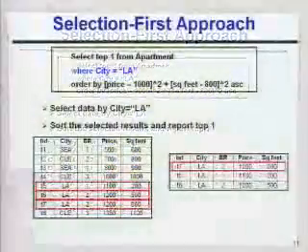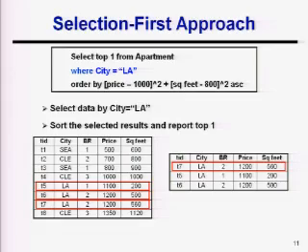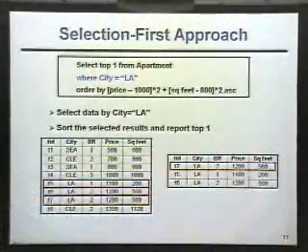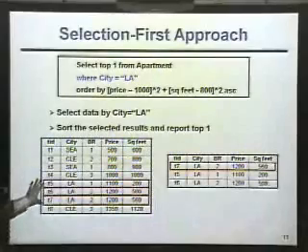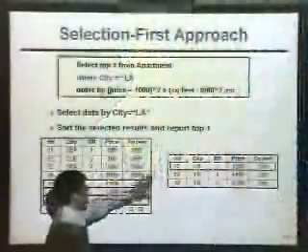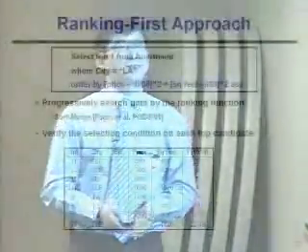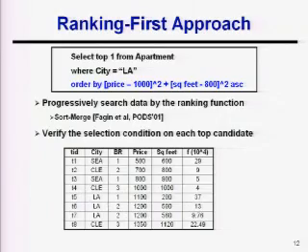Then they rank these three objects by the ranking function and output the best one. The problem here is that no matter how they select this data, they are going to select more than needed because we only ask for top 1. If the database is large, then this intermediate result is very large, and it's going to be some waste in query processing.